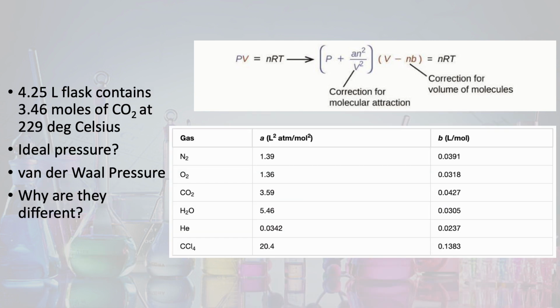Again, this data is collected experimentally, so the data exists somewhere in tables, whether that's in your textbooks or other resources. But it's important to be able to use the van der Waals equation to determine the pressure of a gas, again assuming non-ideal behavior of our gas.